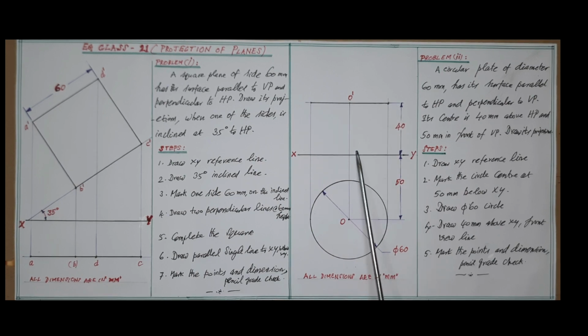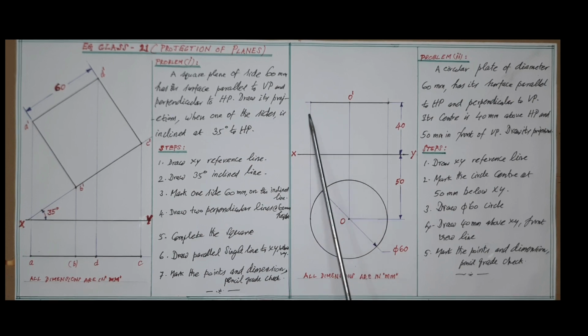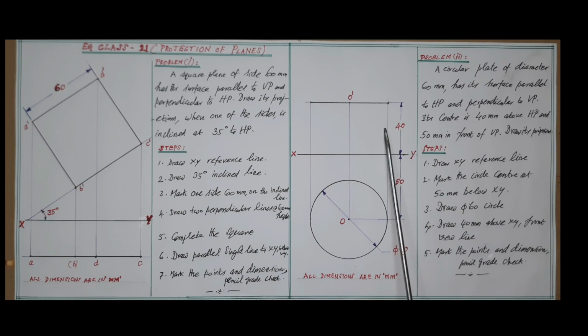Draw the front view diameter in a single line, as a dark line above XY as shown here, and mark the center as O dash because it is the front view of the circle.